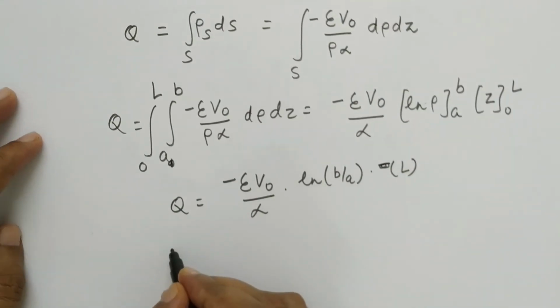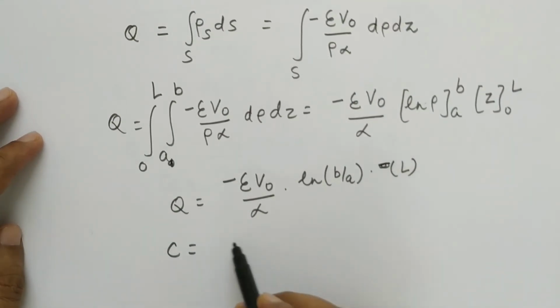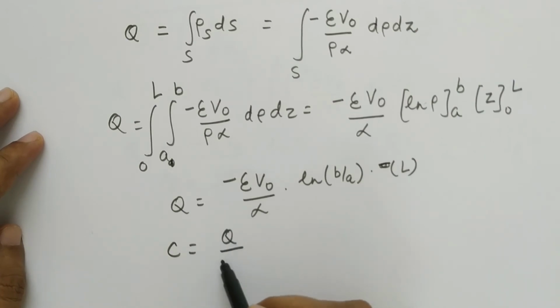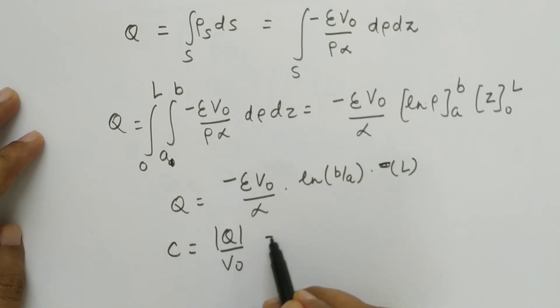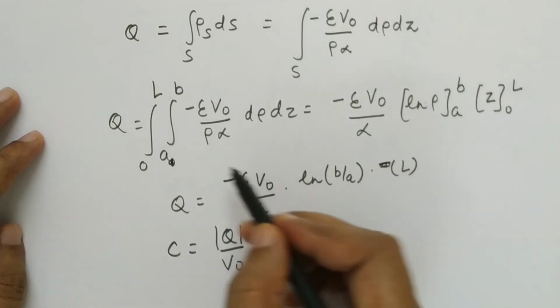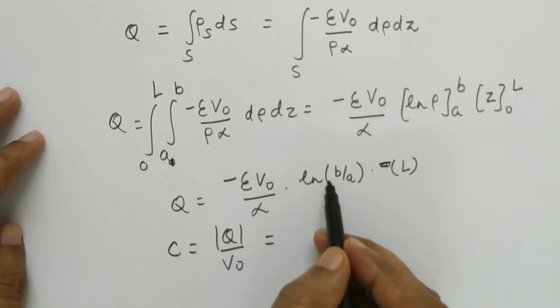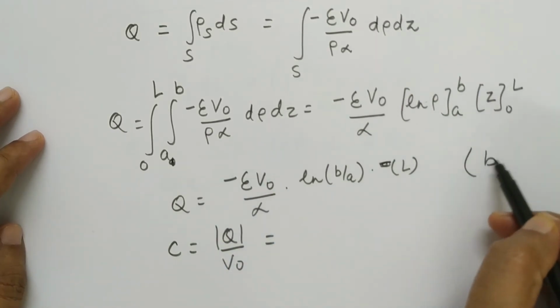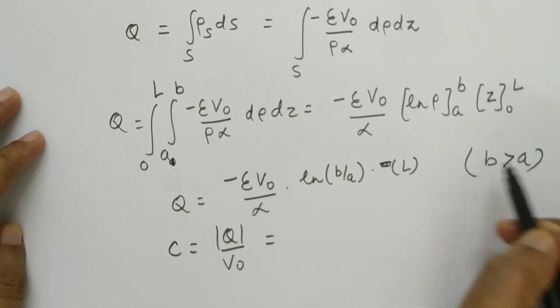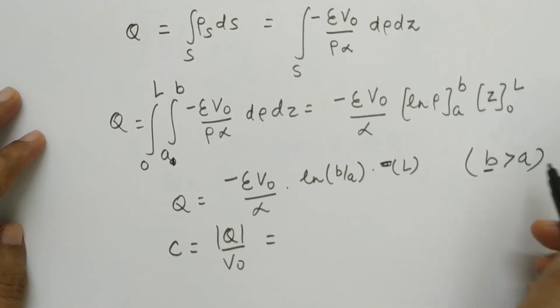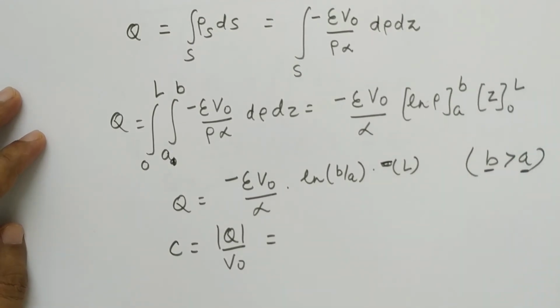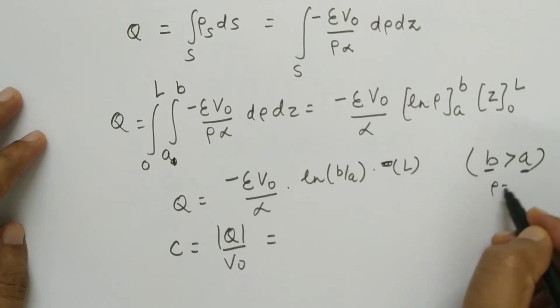So you can write the capacitance as mod of Q by V naught, so that we take the positive value of this. Ln b by a is already positive because we have taken b greater than a. b is the maximum dimension of rho and a is the minimum dimension of rho, and rho must not be equal to 0.